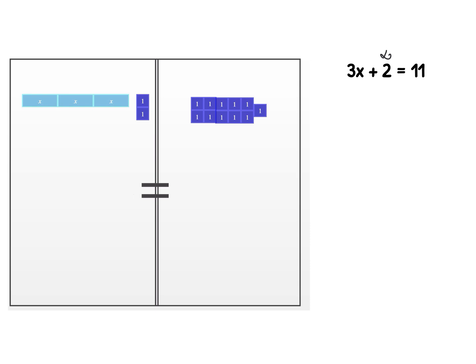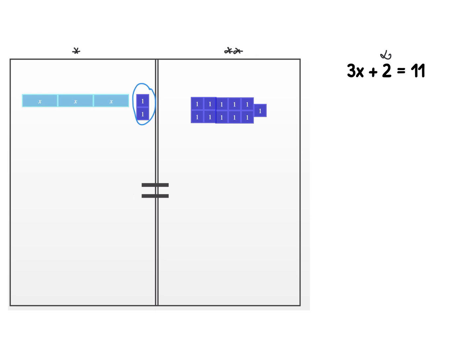So the first thing that I want you to think about is balancing as an idea of getting x on one side of the mat, usually this side, and all of the other numbers on this side of the mat. So one thing that you can think about is if we have these tiles right here, we really don't want them there, do we?